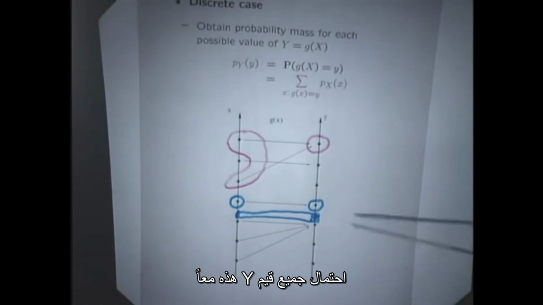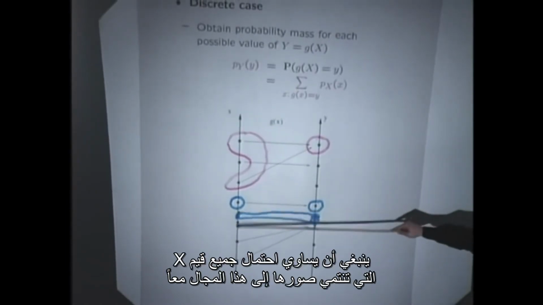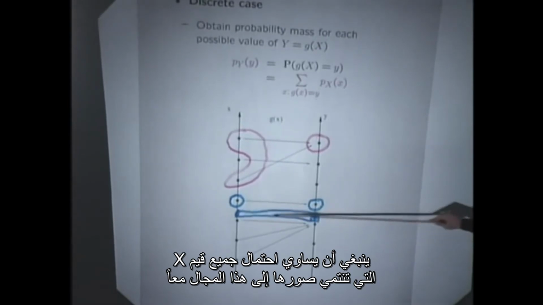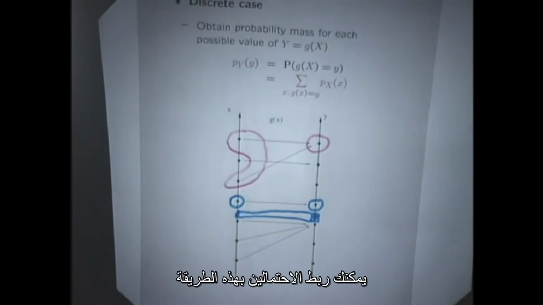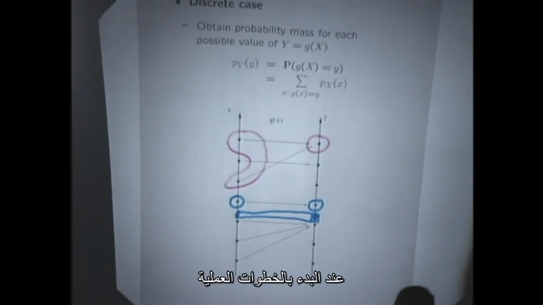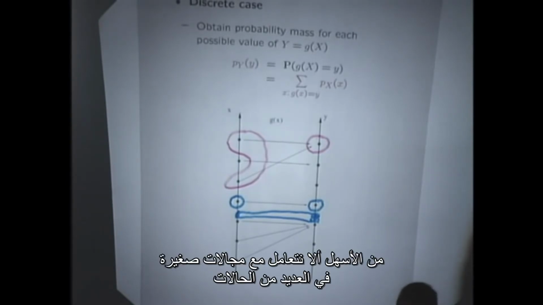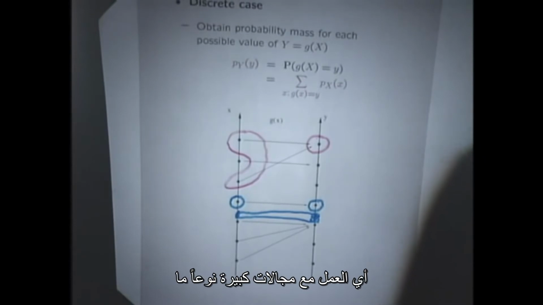The probability of all those y's collectively should be equal to the probability of all the x's that map into that interval collectively. And this way you can relate the two. As far as the mechanics go, in many cases it's easier to not work with little intervals, but instead to work with cumulative distribution functions, that is to work with sort of big intervals.